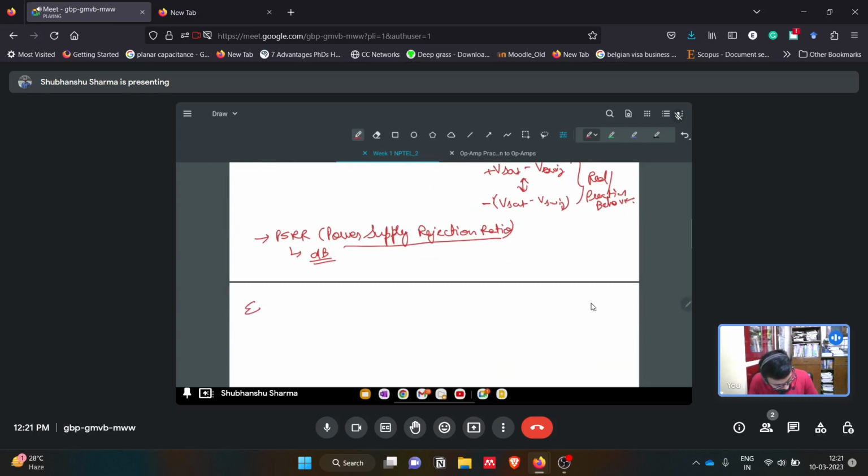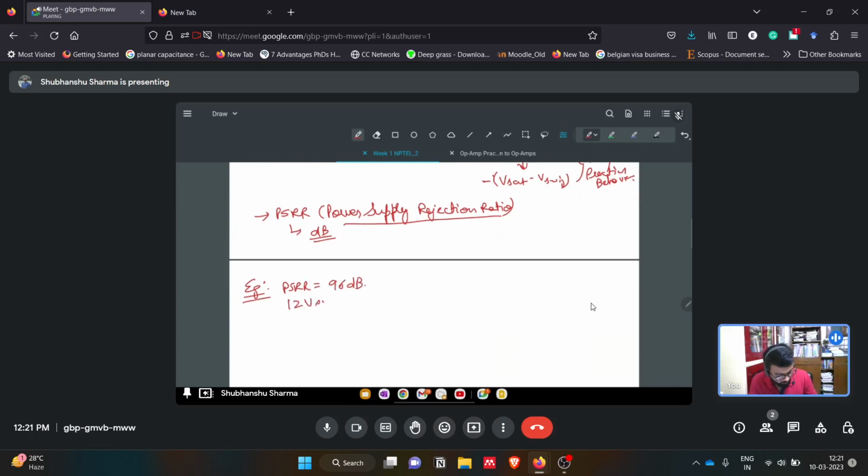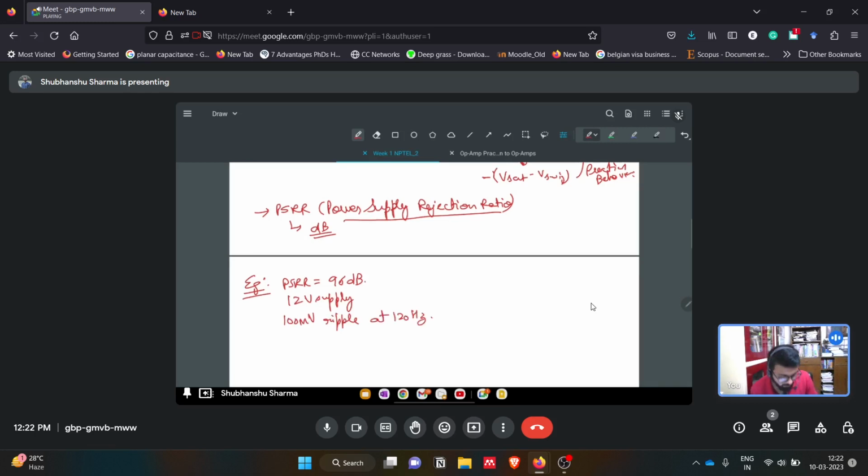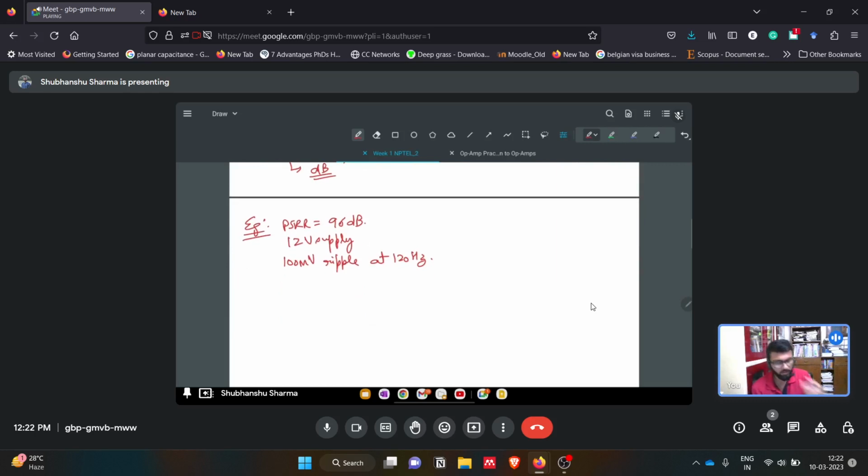So for example, let's say the PSRR of an op amp is 96 dB. Fine. Then we are giving a 12 volt supply to the op amp, and a 100 millivolt ripple, which is basically noise, at 120 hertz enters the op amp. How much will it be able to remove this ripple from entering the op amp?